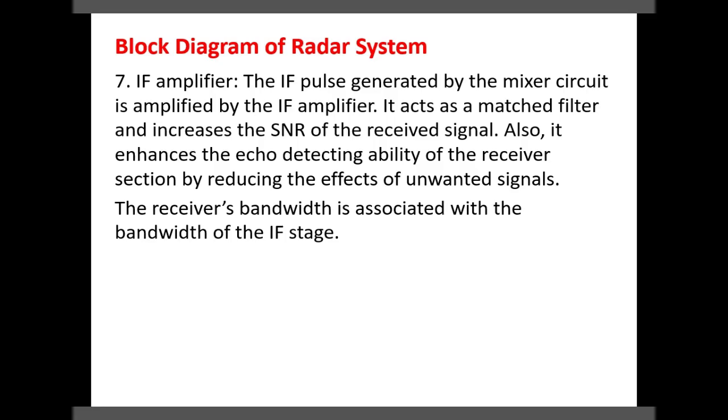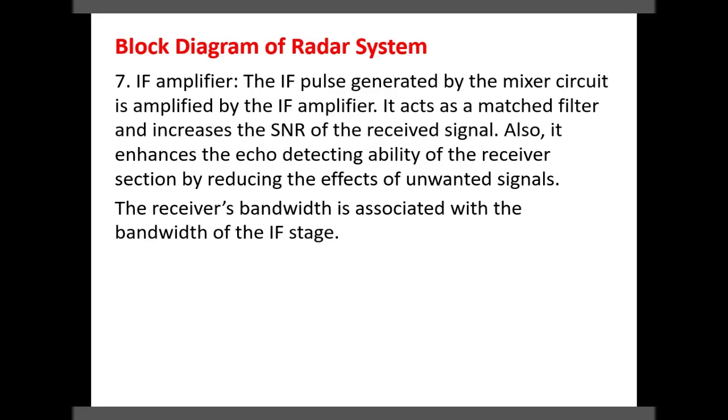Now next comes the IF amplifier. The IF pulse generated by the mixer circuit is amplified by the IF amplifier. It acts as a matched filter and increases the signal to noise ratio of the received signal. Also, it enhances the echo detecting ability of the receiver by reducing the effect of unwanted signals.